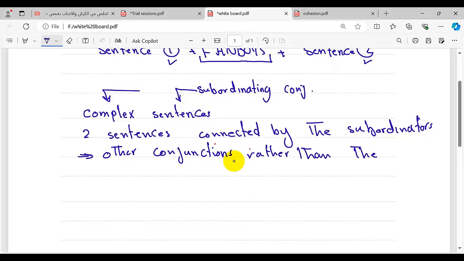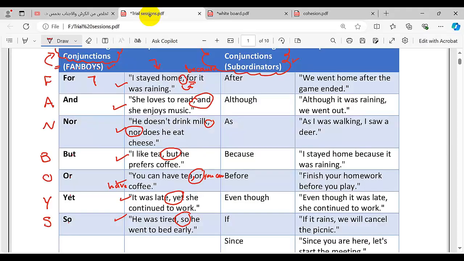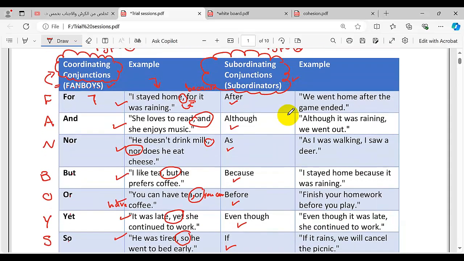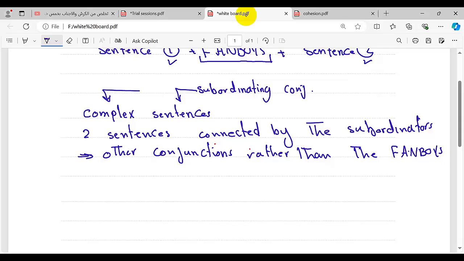So all of this list of connectives are subordinators. None of them is one of the fanboys, like after, although, as, because, before, even though, if, since, though, unless, until, when, where, and while. Use these conjunctions in your writing to form complex sentences.